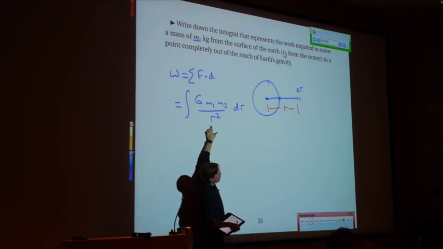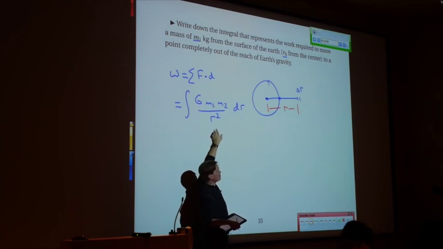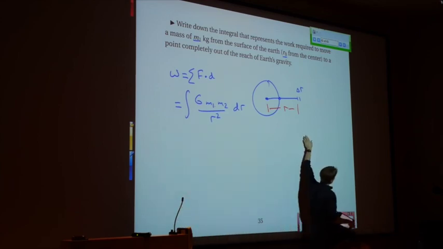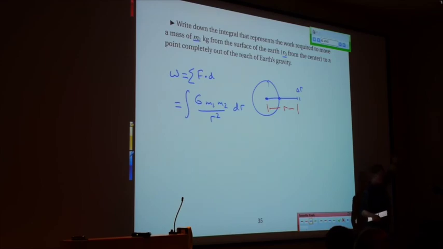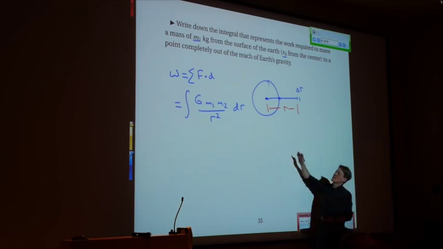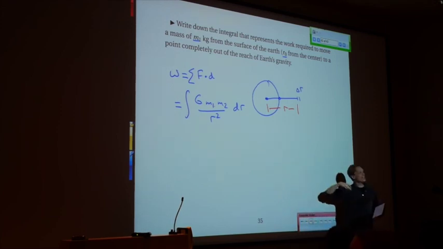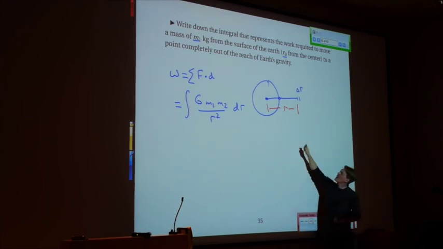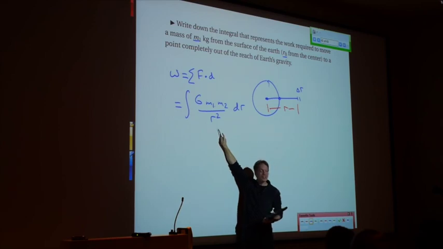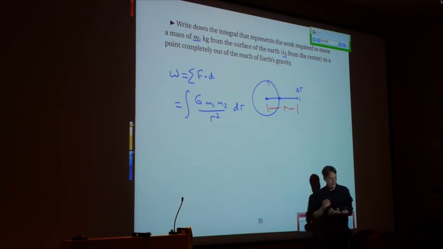And we notice that the force changes as we move further away. Of course, we have less and less work to do to fight gravity when we're out past the edge of the solar system. We have a lot of fighting to do when we're here. And that formula will take that into account. As we move and change our radius, our force will decrease and we'll have to do less work.